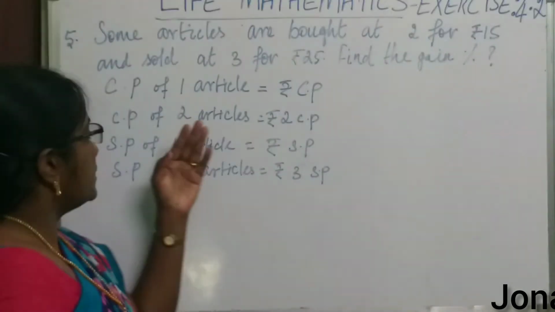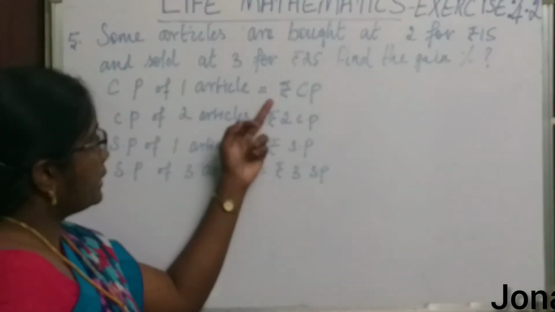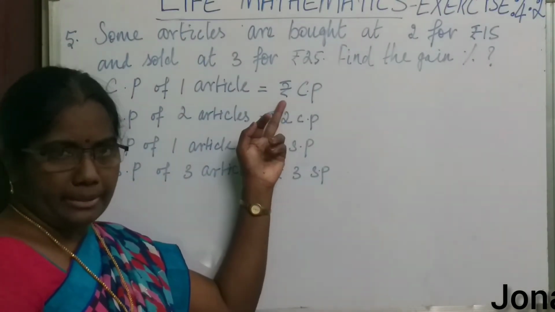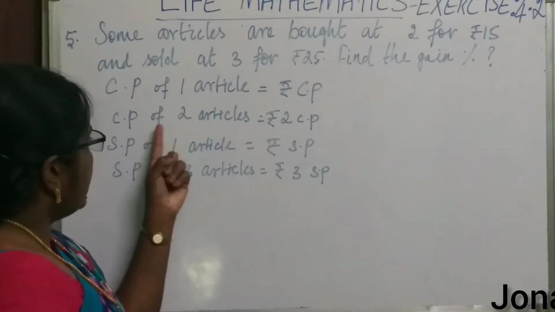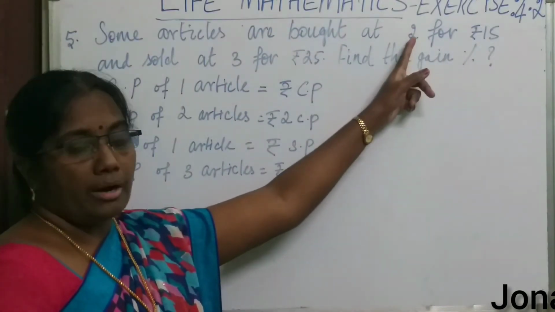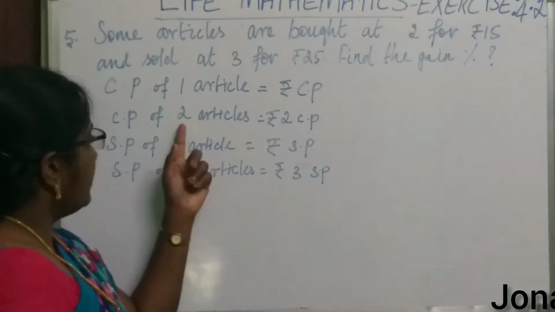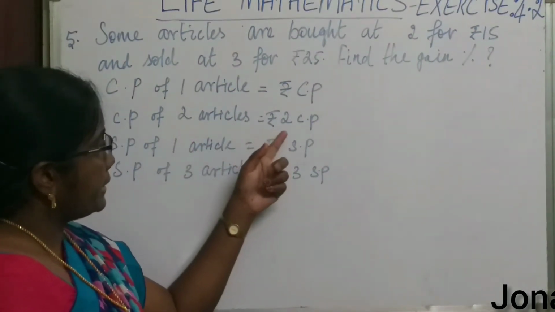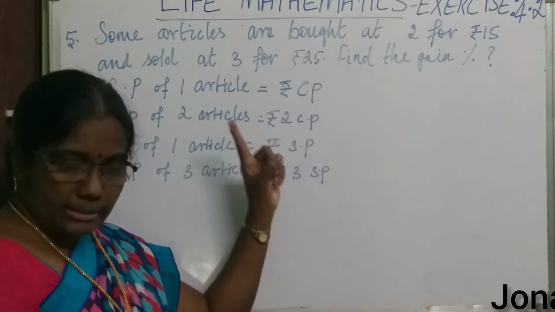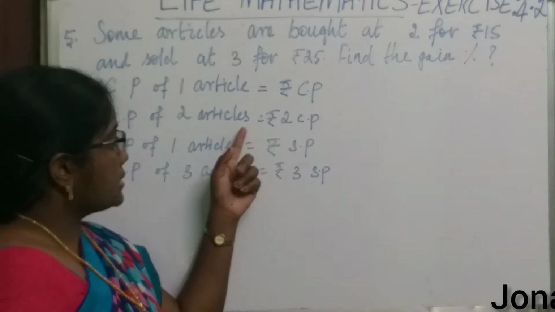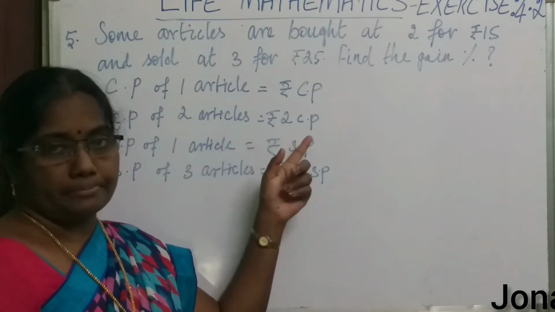So let the CP of one article be rupees CP. The CP of 2 articles equals rupees 2 CP. One article costs 1 CP and 2 articles cost 2 CP.